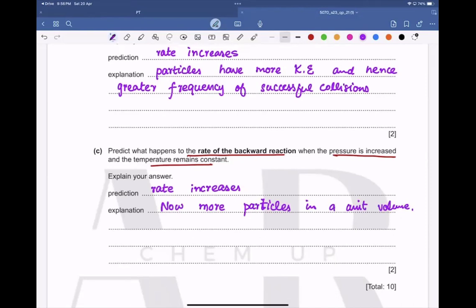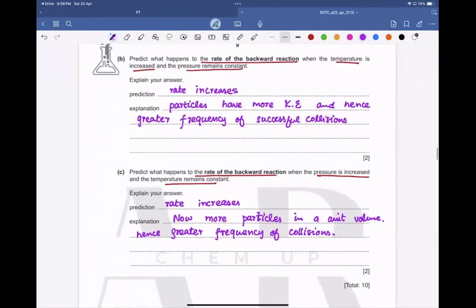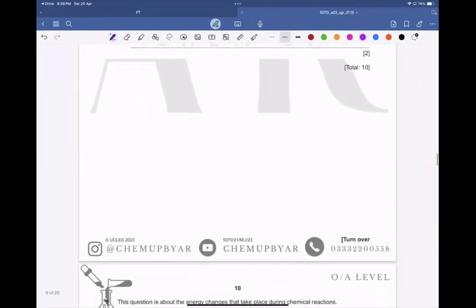So there is a greater number of particles in a unit volume. Hence, greater frequency of collisions, or the greater frequency of successful collisions.